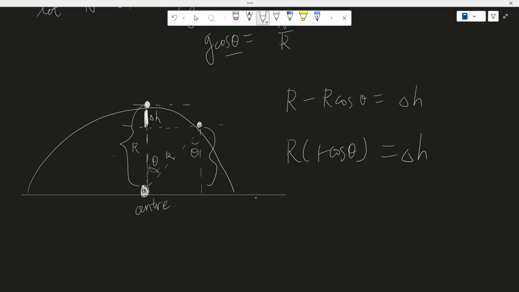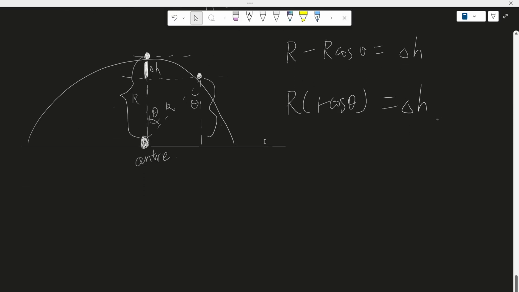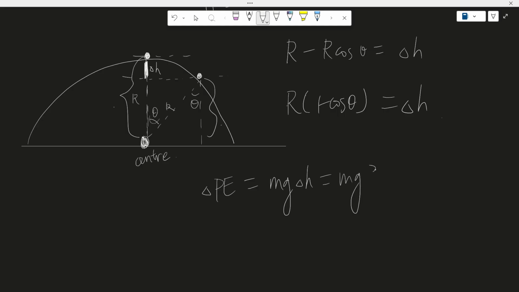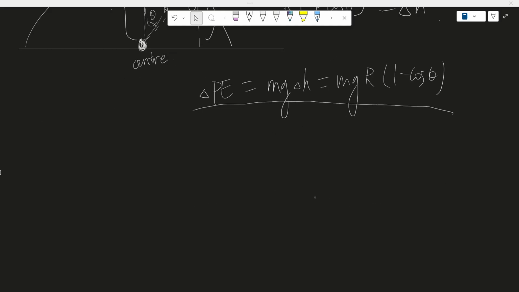And so what do we know? Well, we know that this is the change in height, and so the change in potential energy equals mg delta h, which is mgr(1 minus cosine theta). And that is the potential energy lost.